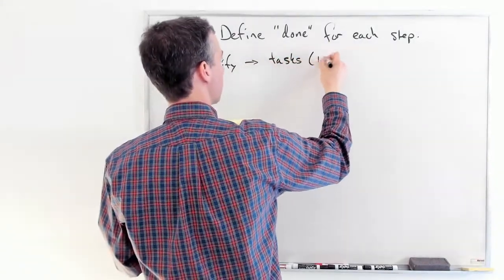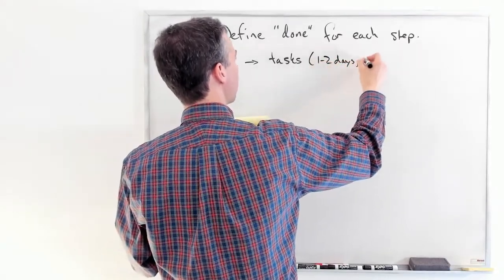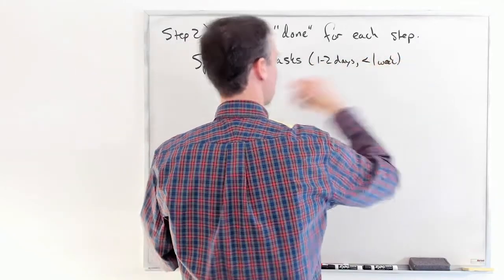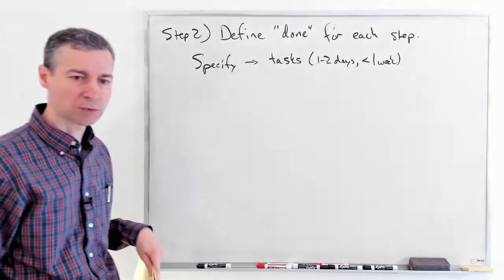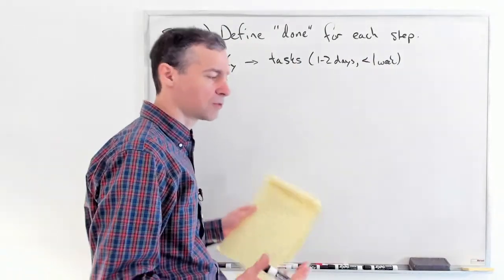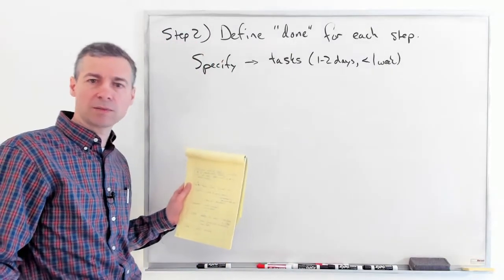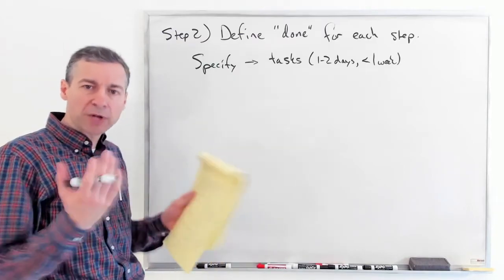I said 1 to 2 days. So that's what I would try to do, but it might just be these have to be less than a week. I think these teams are used to working on a slightly longer time scale, because if you were Scrum or XP, you'd be like, oh, I need to be doing things in 1 to 2 weeks, so I need to really break things up small.